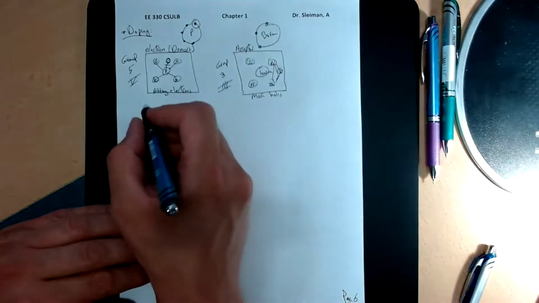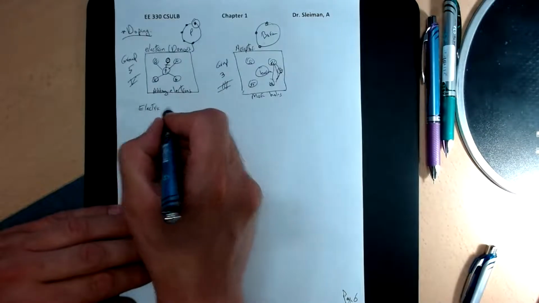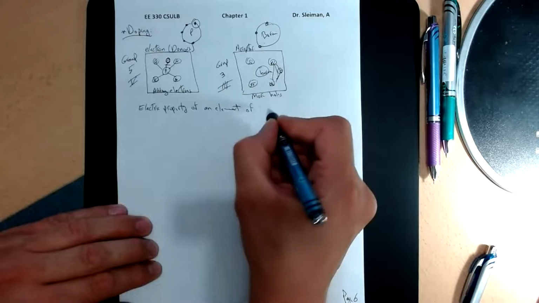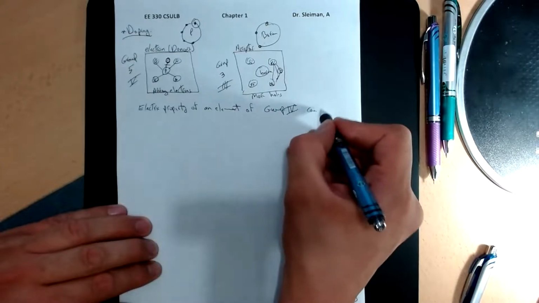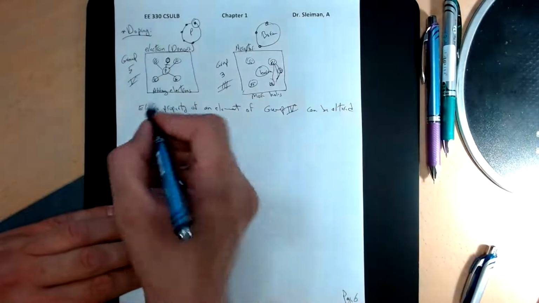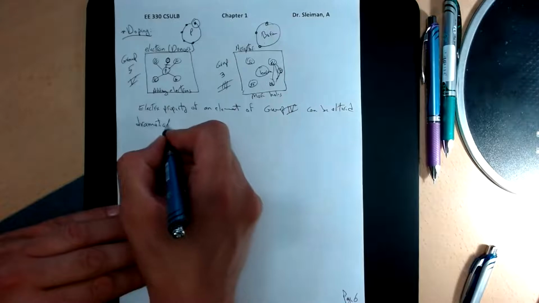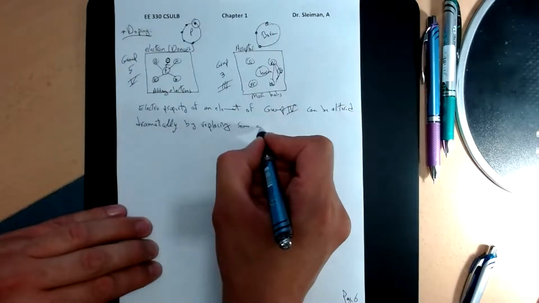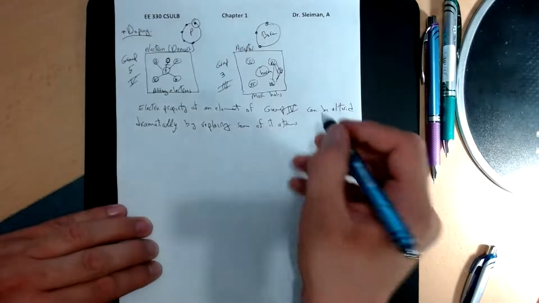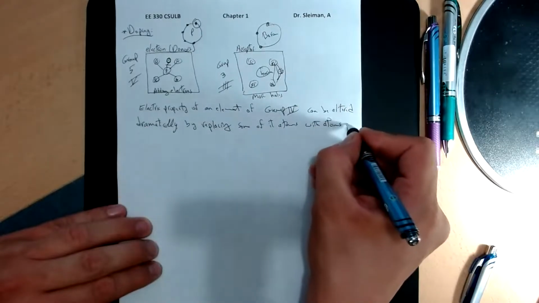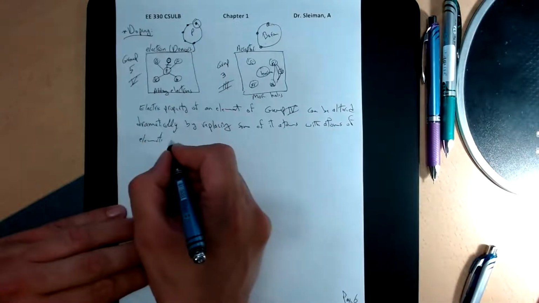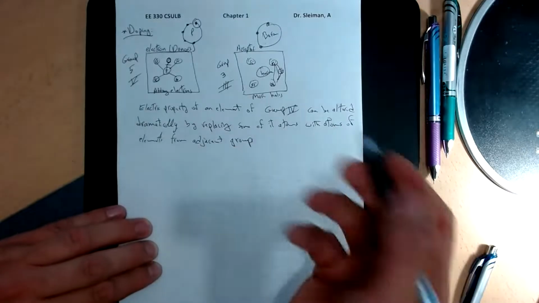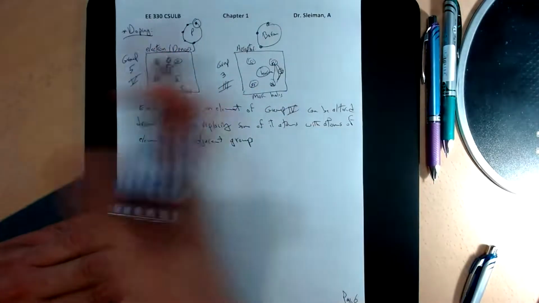So we can say in professional terms, the electric property of an element of group 4 can be altered dramatically by replacing some of its atoms with atoms of elements from adjacent groups, because silicon is in group 4, so the adjacent groups are either 3 or 5.